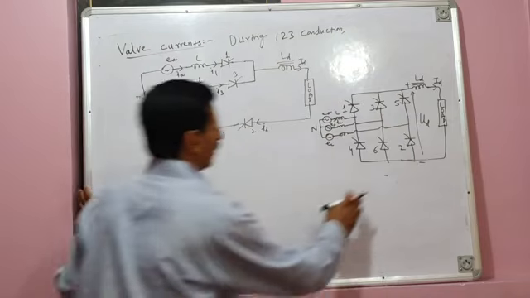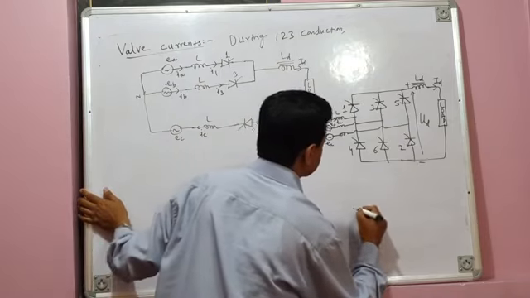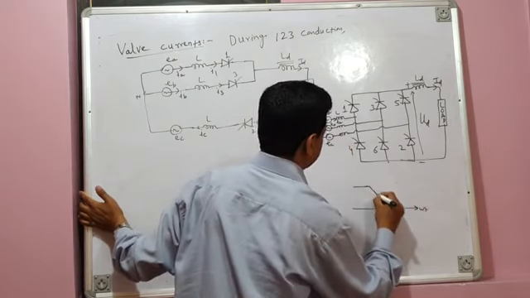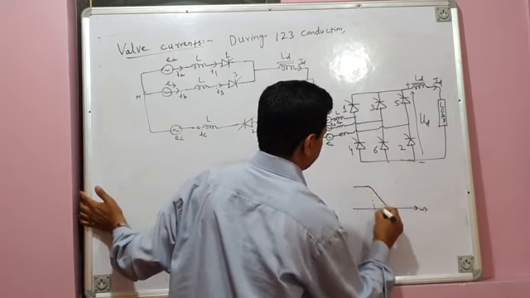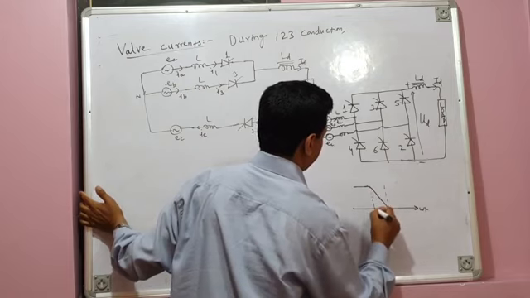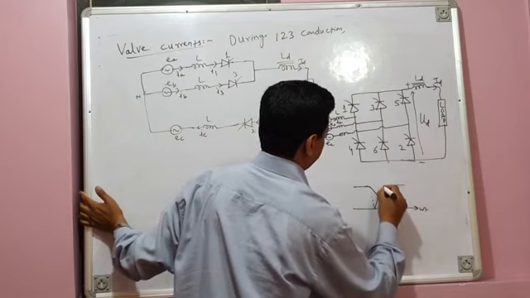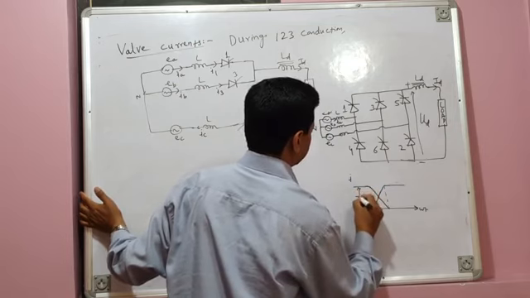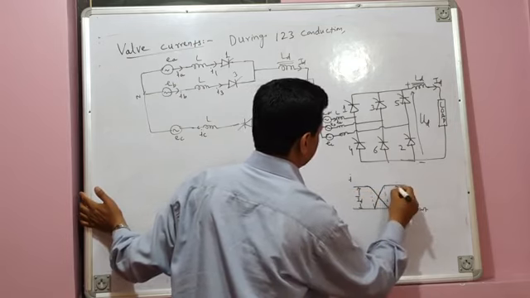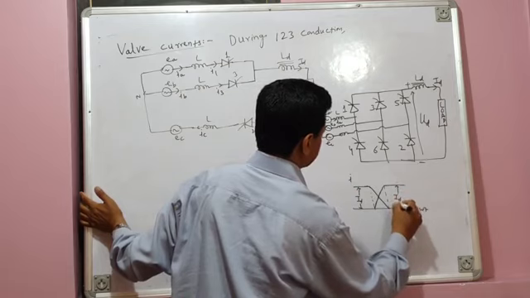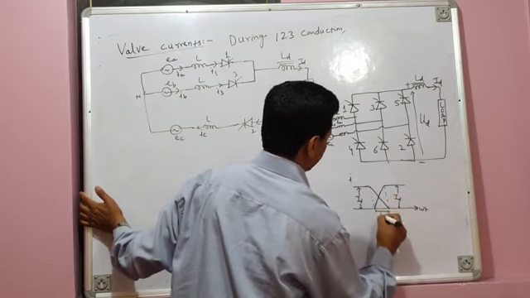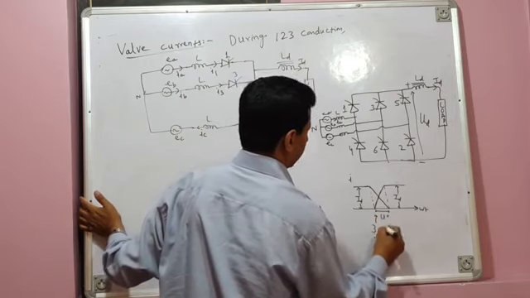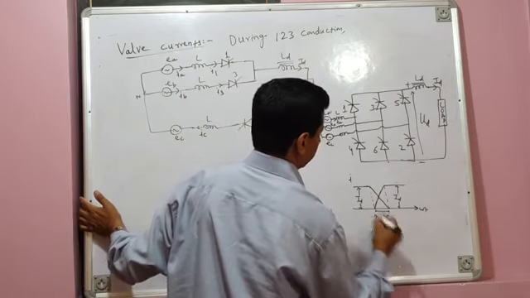Now we know that when 1, 2, 3 conduction takes place, this is our omega t axis. Something we show like this. This is valve 1, this is load current ID before commutation, and after commutation also it is ID. This is your commutation overlap angle, u degree. Valve 3 is fired here, and during this period valves 1, 2, 3 are conducting.